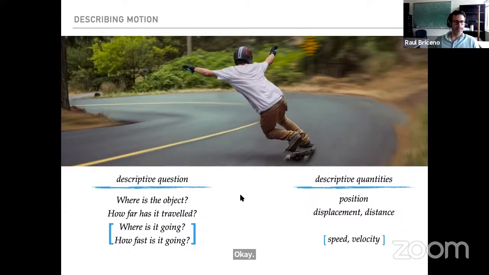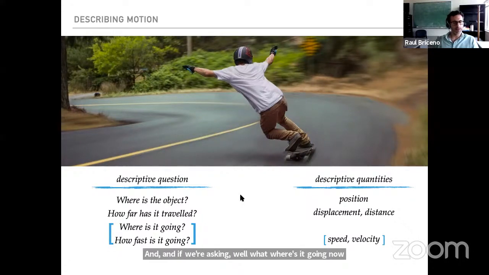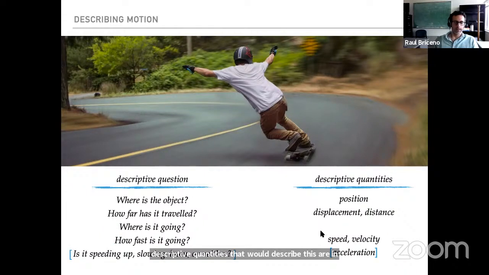And if we're asking where is it going now and how fast is it going, then the descriptive quantities that would describe this are in the form of either velocities or speeds. And we'll touch on what each one of these means specifically.